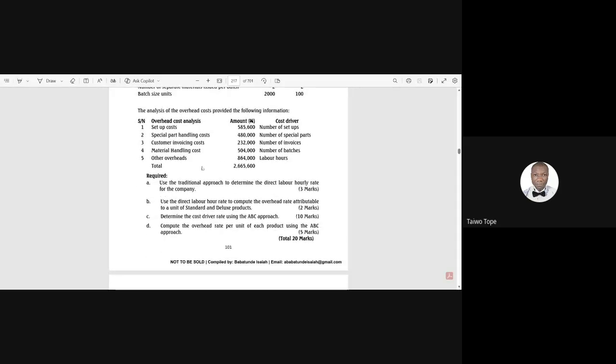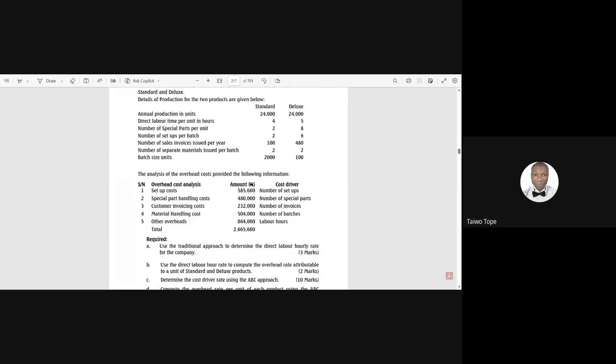So let's go straight to the question and see what they want us to do. That's one. Use the traditional approach to determine the direct labor hourly rate for the company. Now, I gave a formula in the first class to determine overhead absorption rate.